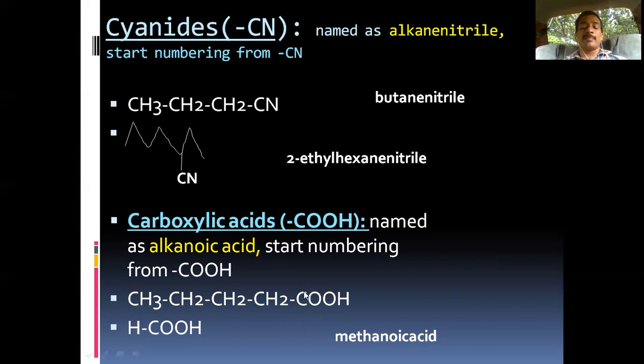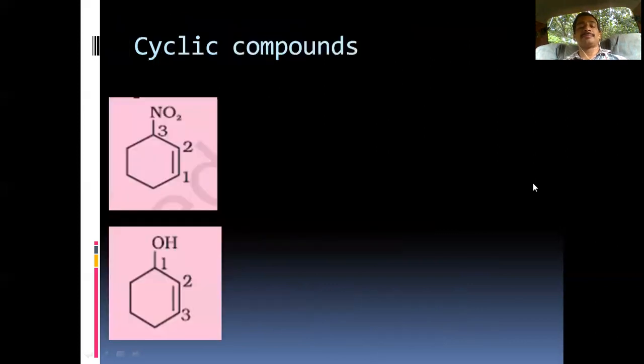Number 1, 2, 3, 4, 5. It is pentanoic acid. No need to mention the position of the COOH group. What is the reason? It will always be 1. So simply say pentanoic acid. The second example has only one carbon atom, so the name is methanoic acid. There is no confusion. That is the nomenclature of carboxylic acids.